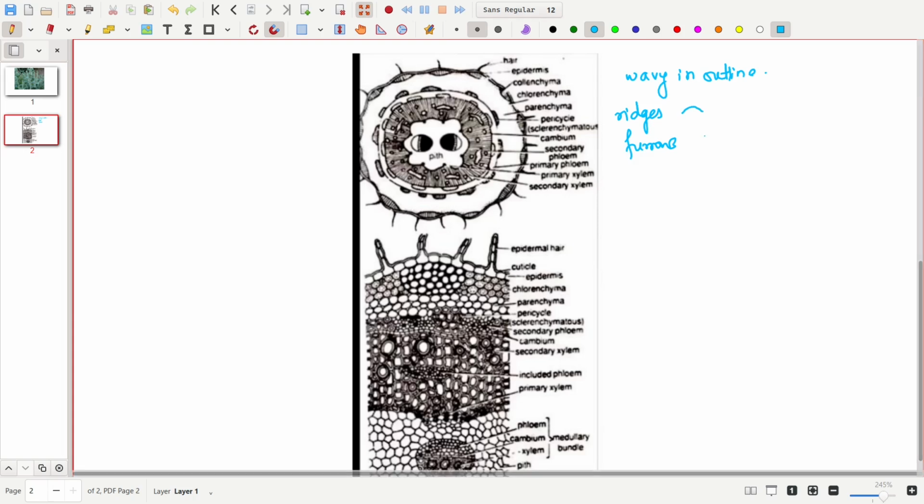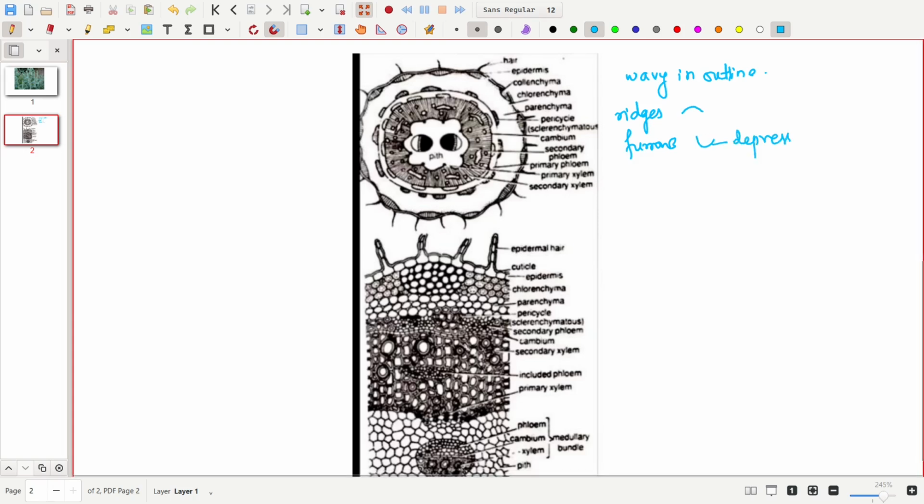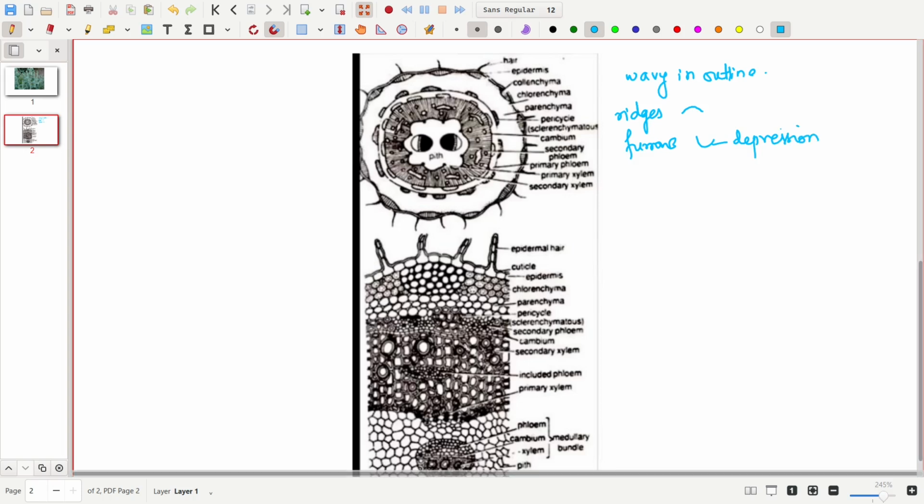These are the ridges and these are the furrows, kind of depressions. This section reveals the following tissues from outside within.